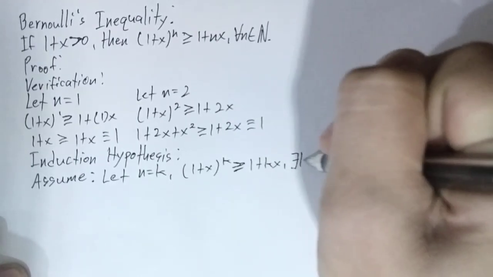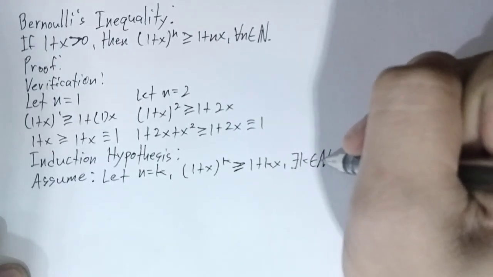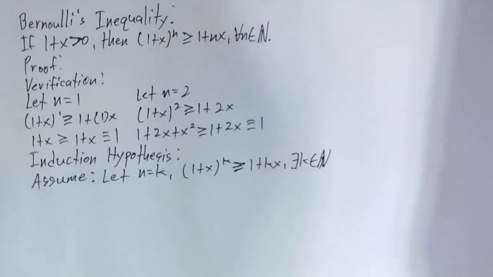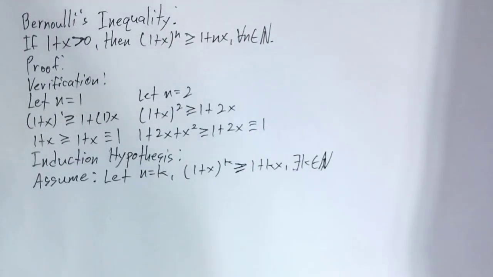For some k an element of the set of natural numbers. Okay? Now, with our assumption, let us start our inductive step.